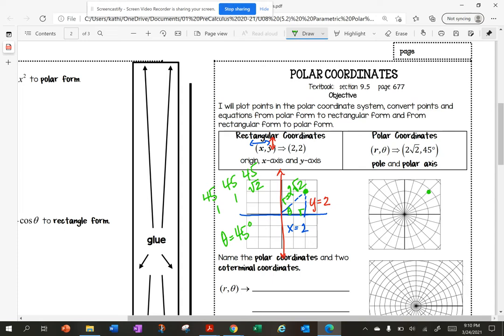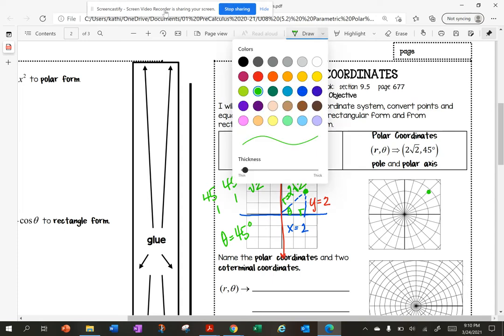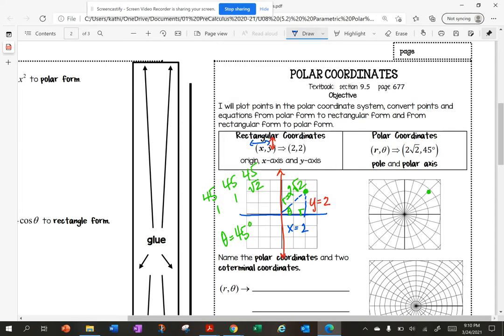So we're going to learn now: I have a pole and a polar axis. The pole is the center here, and the polar axis is what I would have called the positive x-axis.